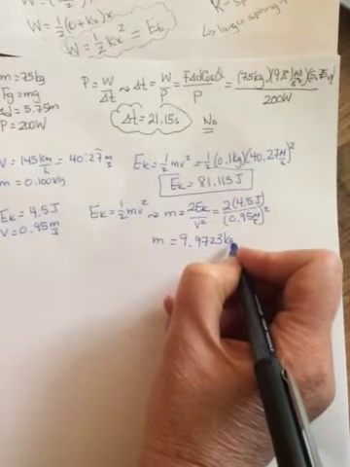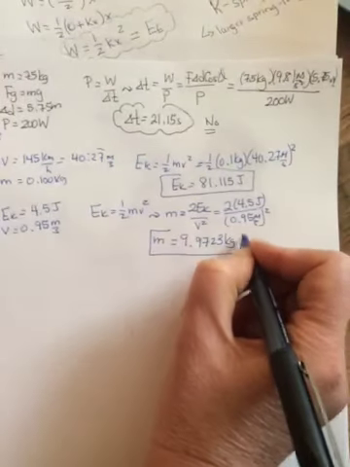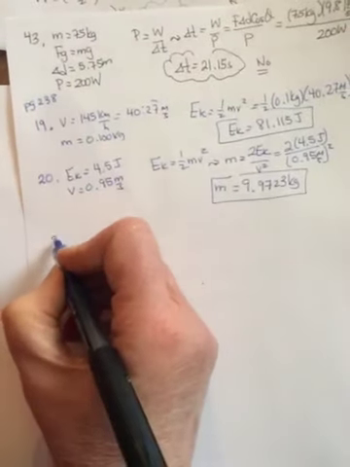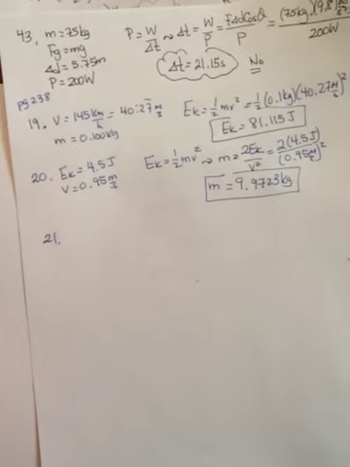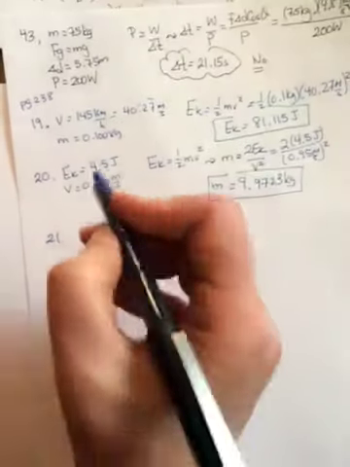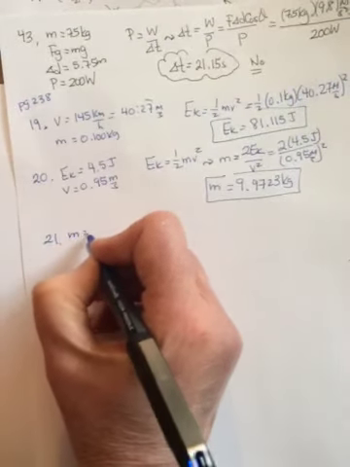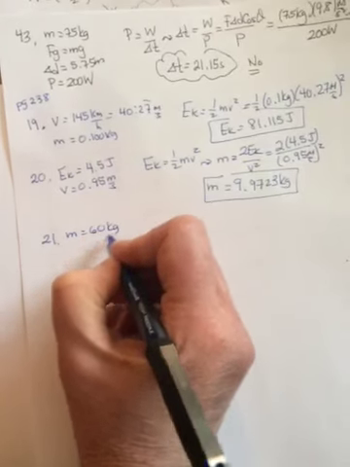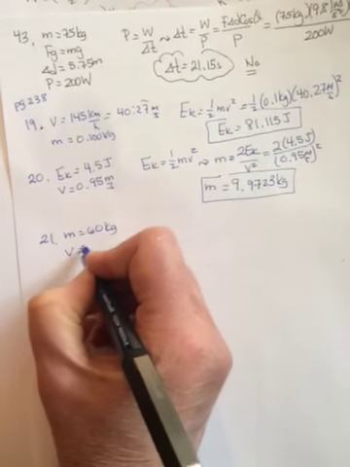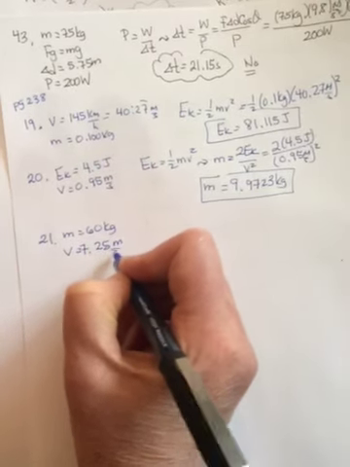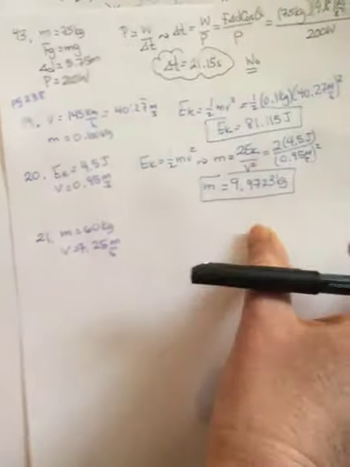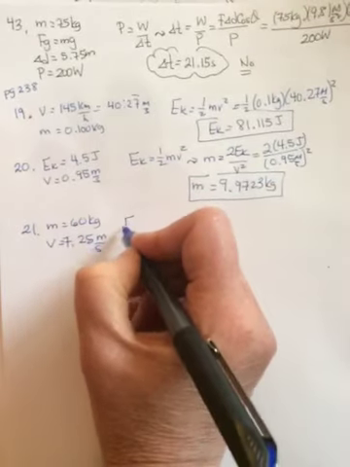9.9723 kilograms. All right, and number 21 says a 60 kilogram skier reaches the bottom of a ski hill with a velocity of 7.25 meters per second. Find the kinetic energy. They should have led with this one. You didn't have to convert.